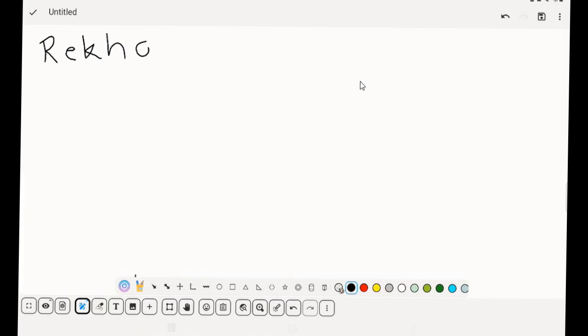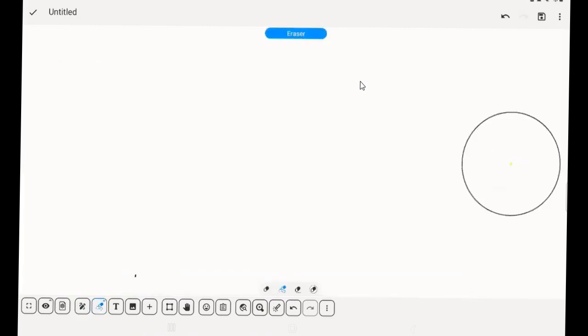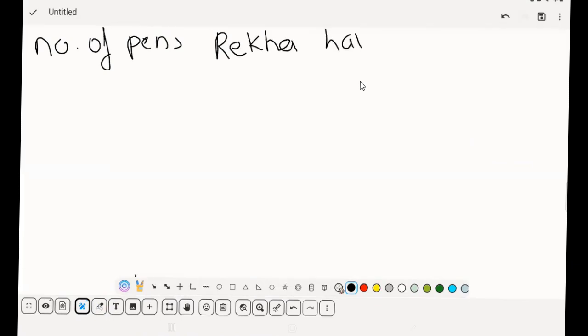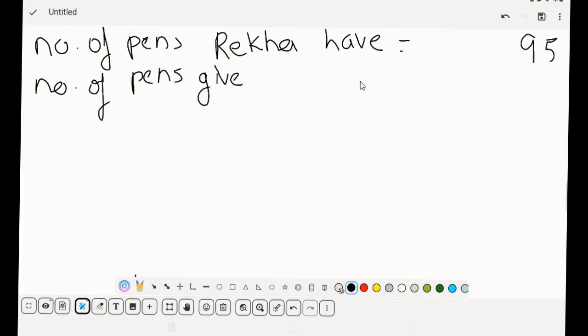Number of pens Rekha has. That is 95. Then number of pens given to brother.